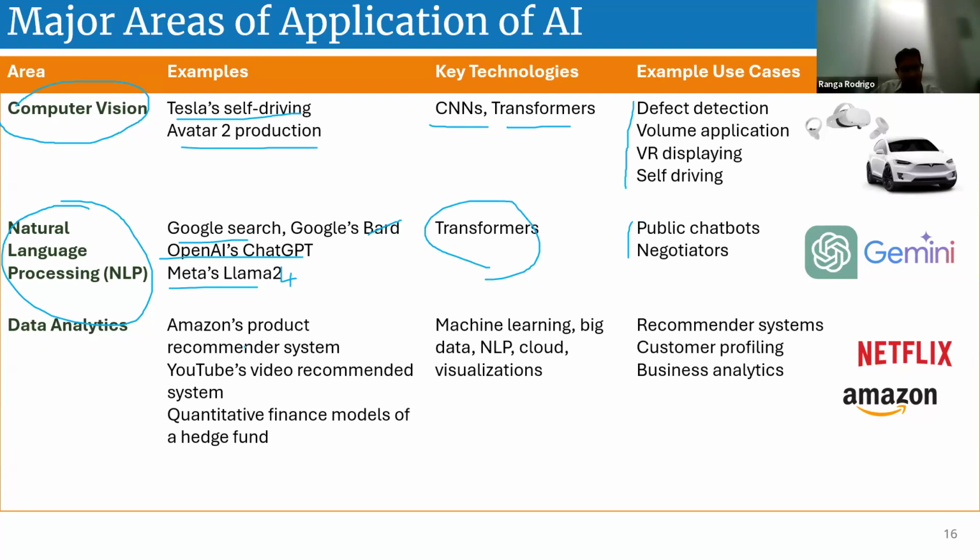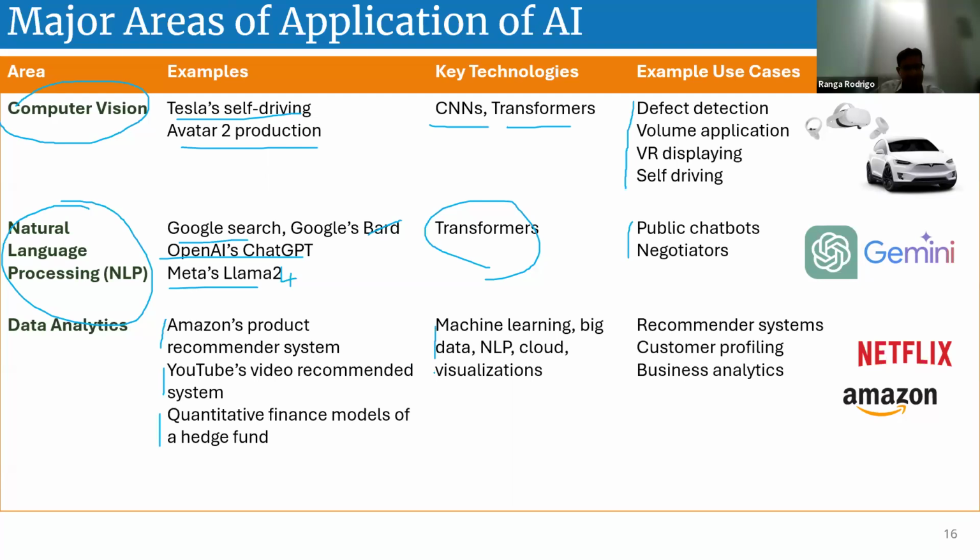And in data analytics also, you know Amazon's product recommendation system and YouTube's video recommendation system. That means if you watch one video, the next video that you watch will also be similar and interesting to you. Those recommendation systems have been coded using these data analytics techniques. Then there are quantitative financial models of hedge funds, where you can understand how funds and other parameters in the world move and change, and then design algorithms to properly invest those funds.